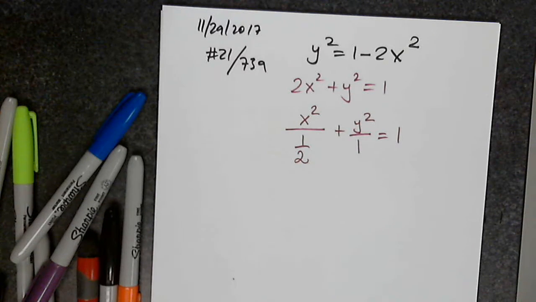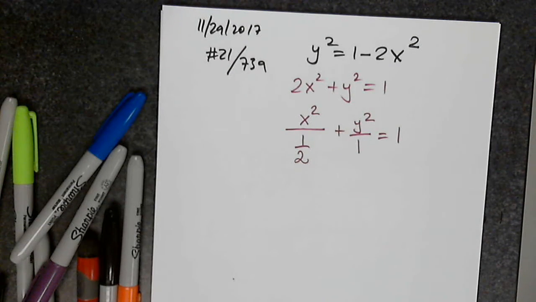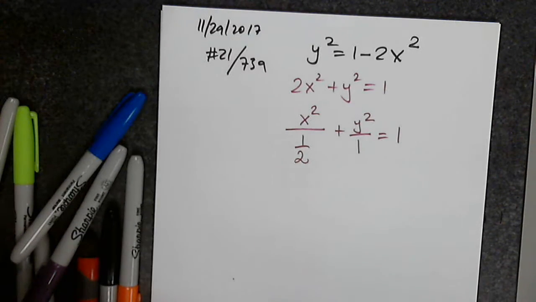So this is a minor algebraic manipulation. When I divide by a fraction, I flip the fraction, and I get 2. Is that okay, everyone? Okay.